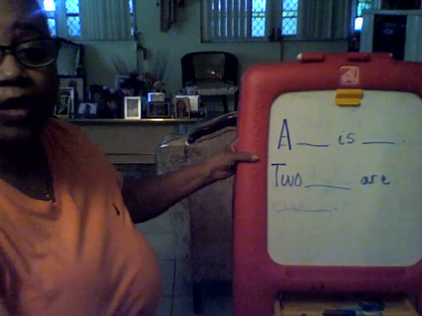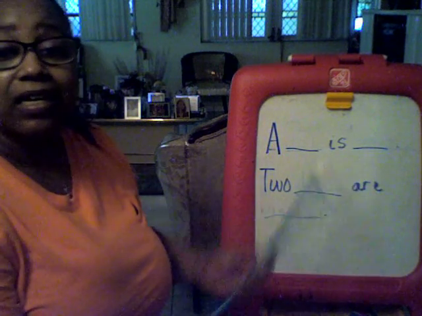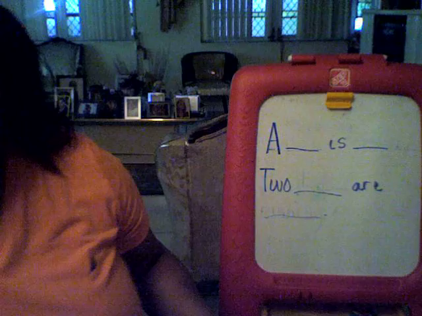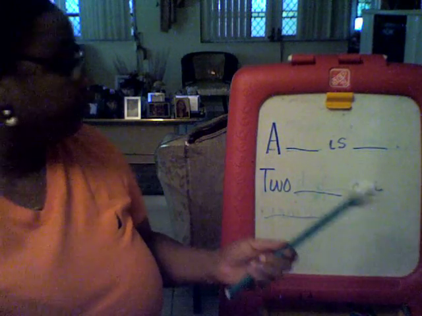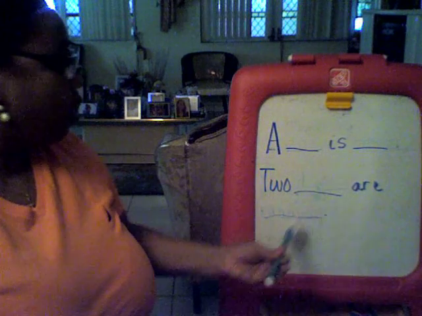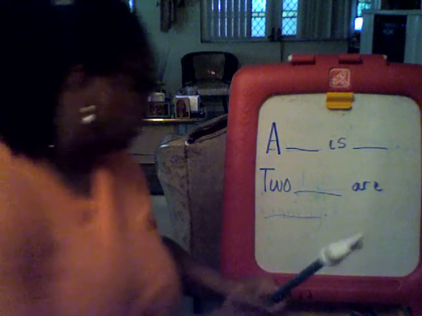Okay? And I want you to try to use is and are, was and were. So let's look here. We have our two sentences. It says a blank is blank. So think about what you would put there. A blank is blank. What could you put there for that? Two blanks are blank. Okay, what could you use in that sentence?